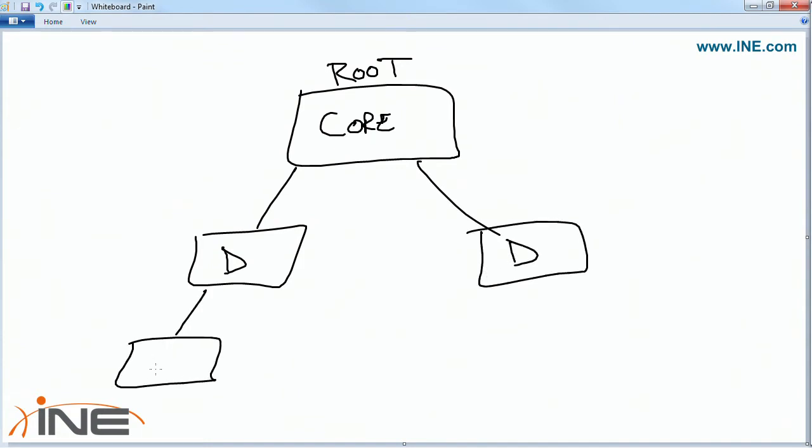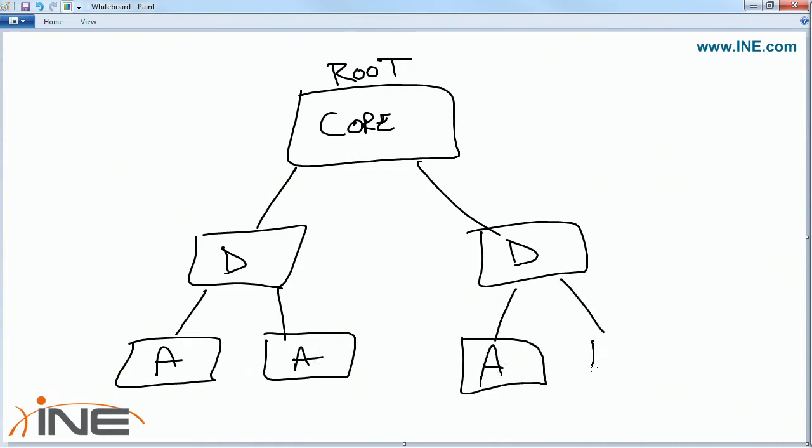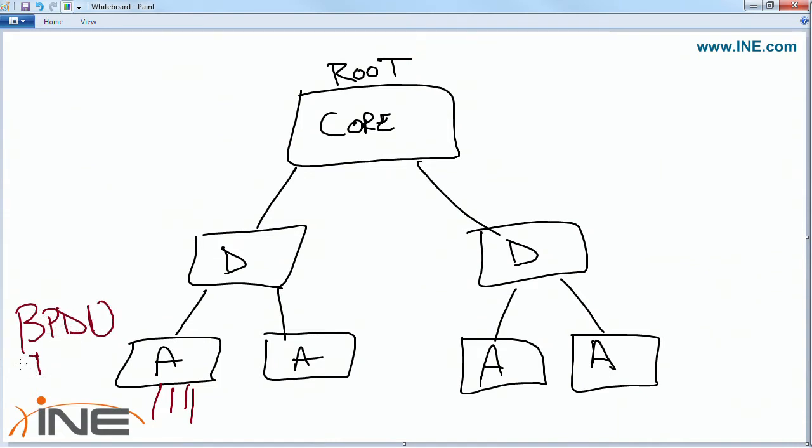From the distribution you go down to the access layer. At the very last stop on the access layer, this is where you would put BPDU guard. So this is going to prevent your end host from running spanning tree.